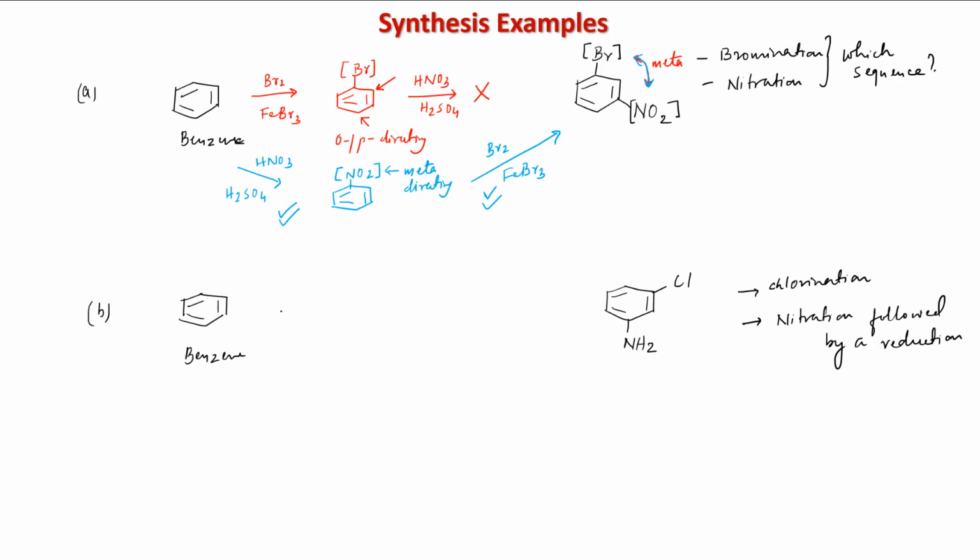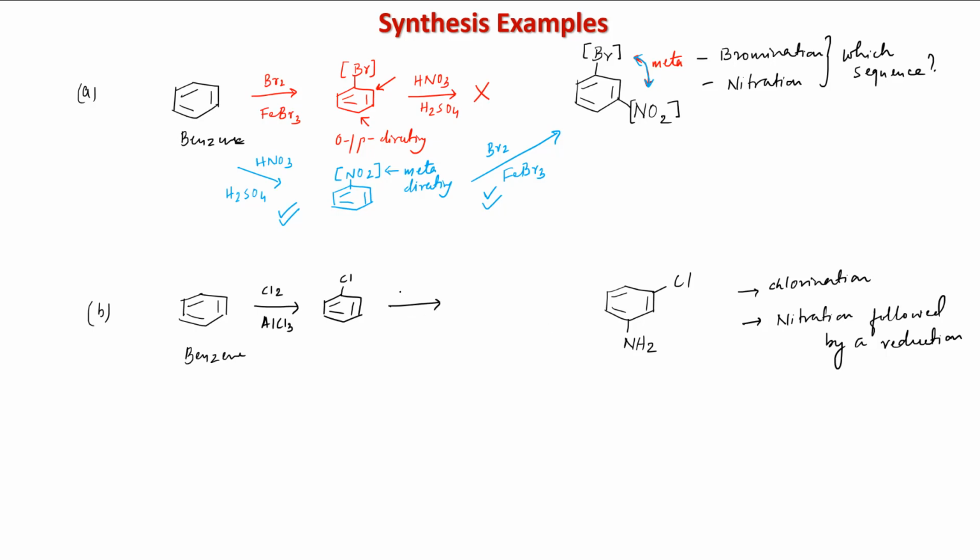So one possibility here is that we do a chlorination first. So we'll use chlorine and AlCl3. This would give us the chlorobenzene, or it would give us the chlorine substituted benzene. Now we cannot install an NH2 group directly, so we'll have to do the nitration.